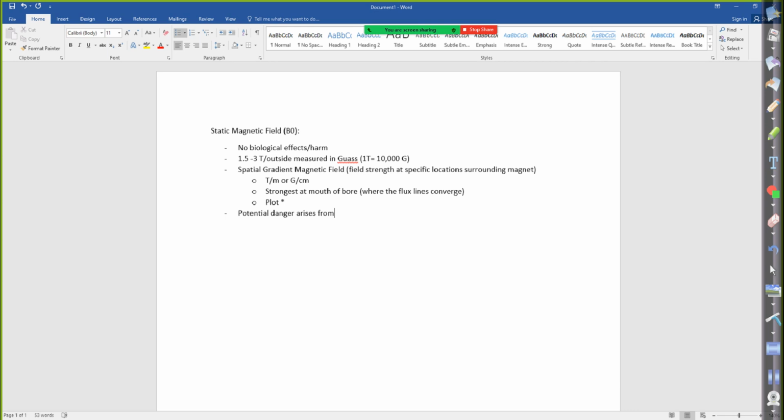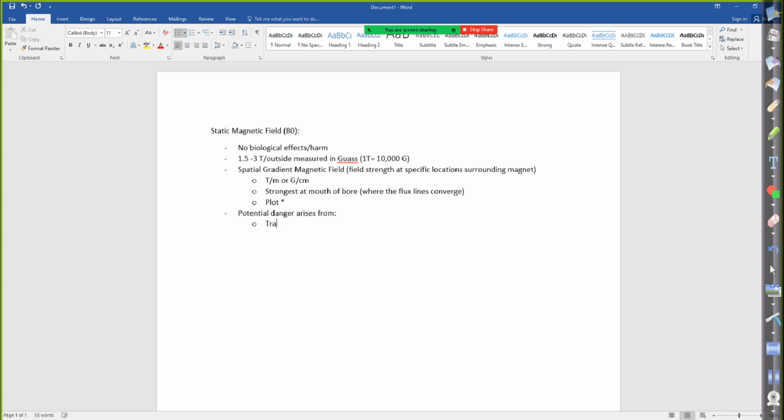That's the RF. That's B1, because we're putting energy in the patient. The static magnetic field. Where's the potential harm coming from? Attraction and rotation. Translation, rotation, and Lenz. So remember, the three forces, that's where the potential harm comes from.